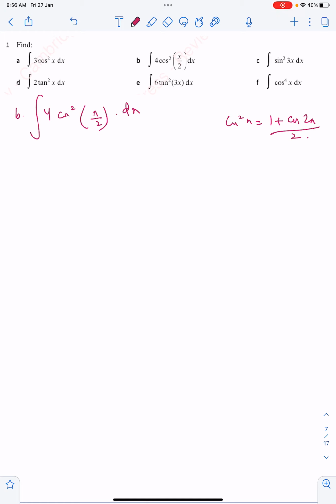So if it is x here, there's a 2x here. If I want to make it x upon 2, cos square x upon 2, this angle will be halved because this is being halved here. The rest will remain the same, 1 plus cos of x divided by 2.